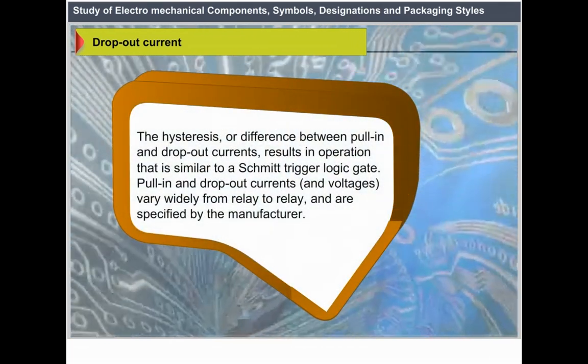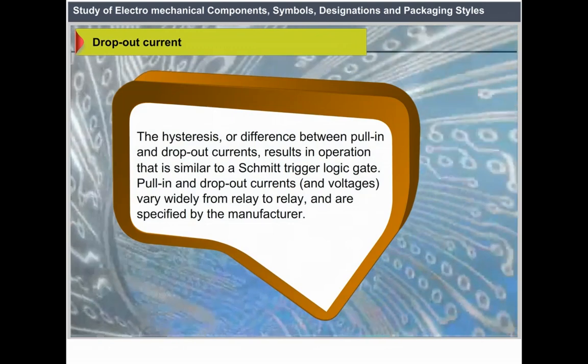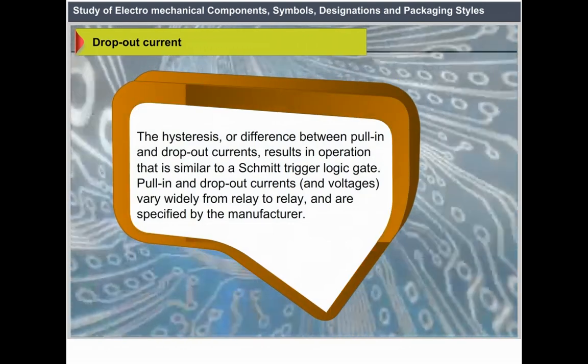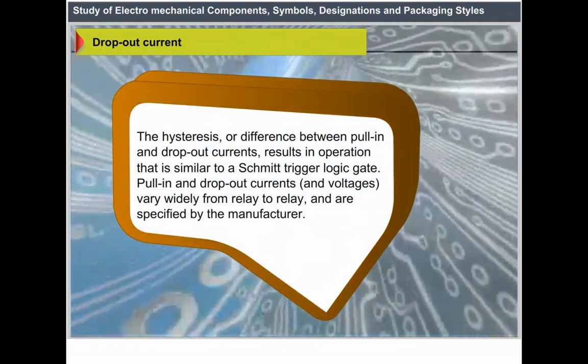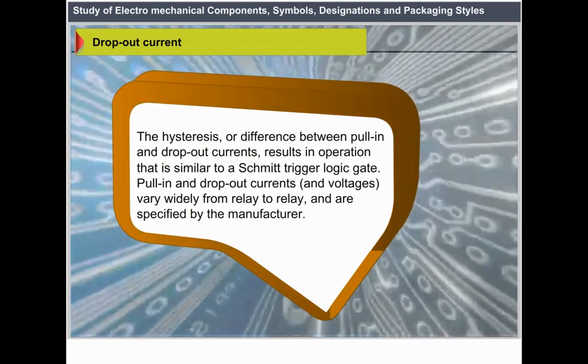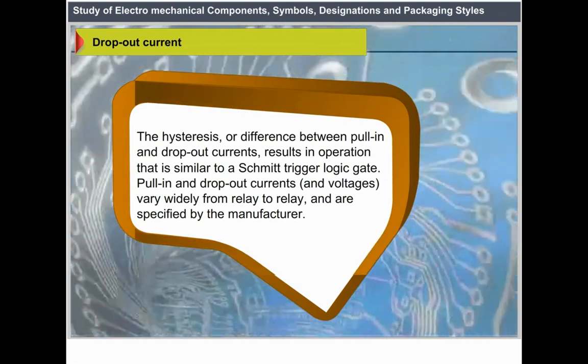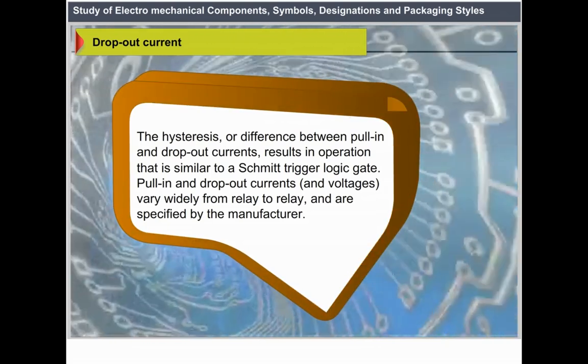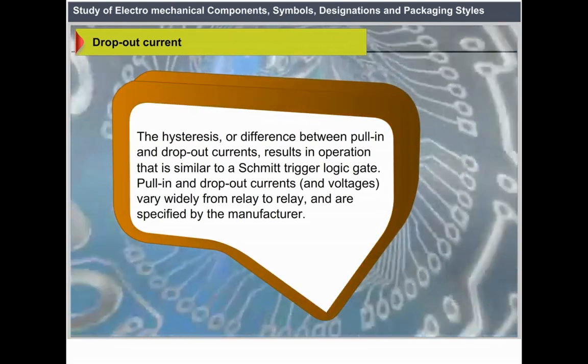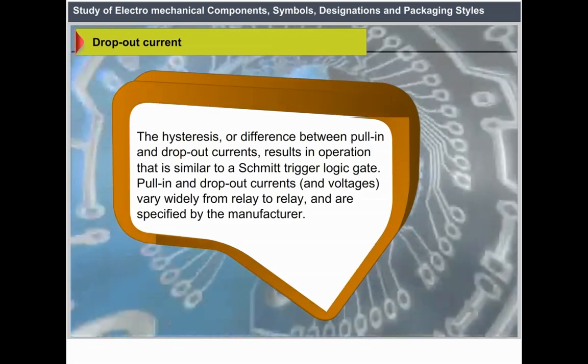The hysteresis, or difference between pull-in and dropout currents, results in operation that is similar to a Schmitt trigger logic gate. Pull-in and dropout currents and voltages vary widely from relay to relay and are specified by the manufacturer.